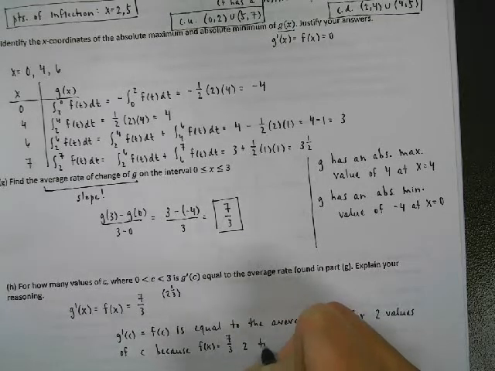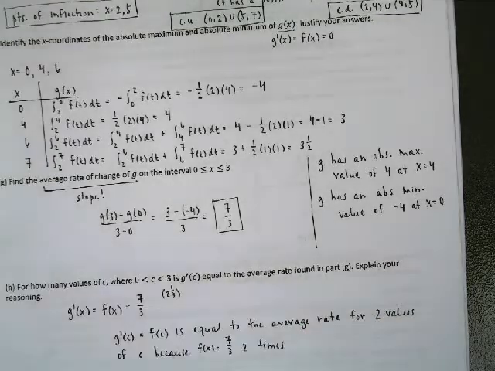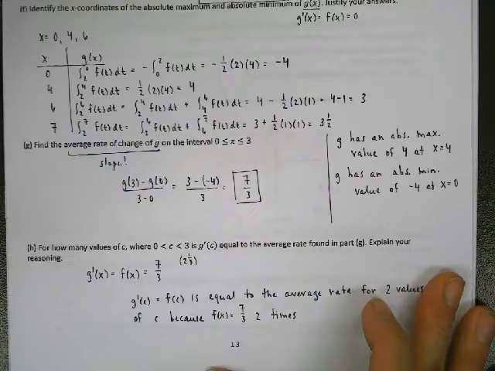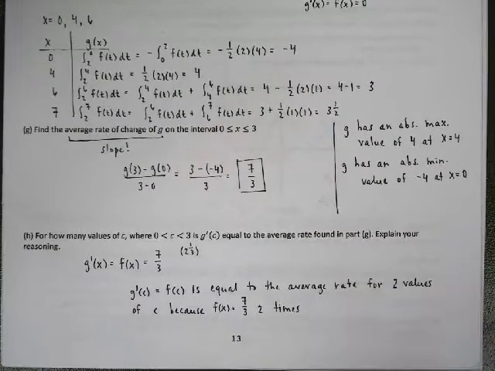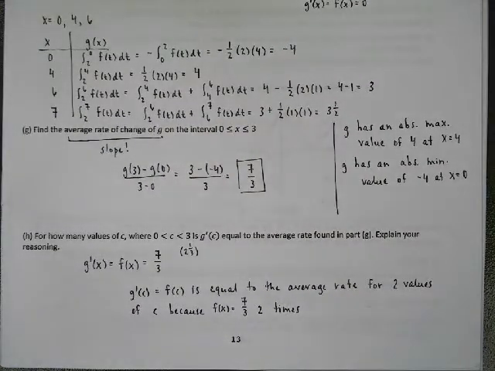Oh my gosh, I'm sorry, I have not been paying good attention to what you can see. Okay, so we know that f takes on that value 2 times. So there we're just using what we know about the derivative and the graph to find that answer.